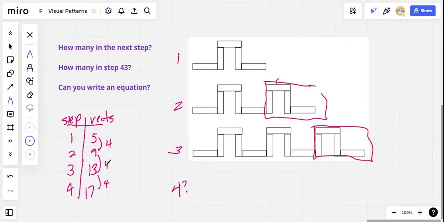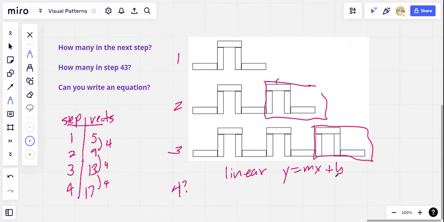When you see that the change between steps stays the same, so it's 4 and 4 and 4, it's a constant rate of change. What that means is that the pattern is linear. It grows at a constant rate. And when a pattern is linear, we can use the equation for a line to model it.